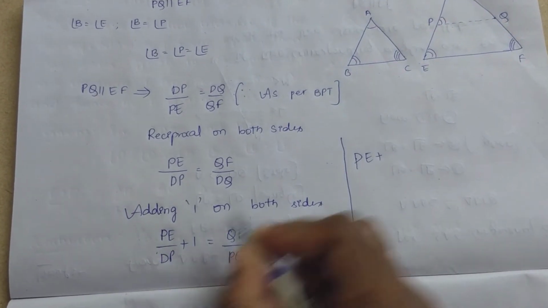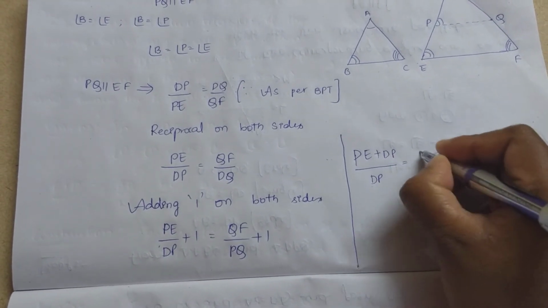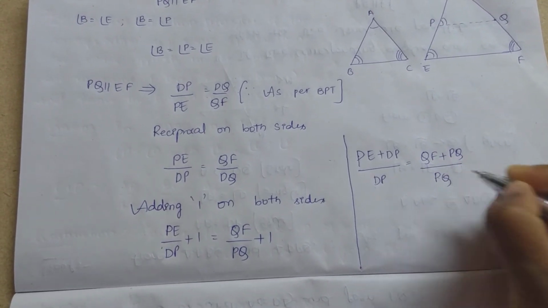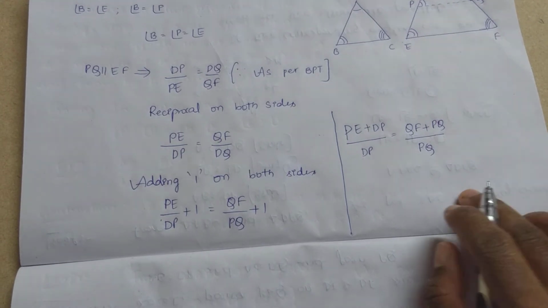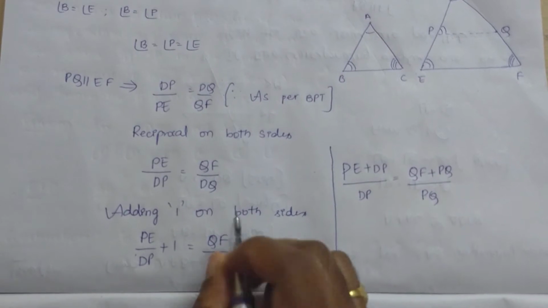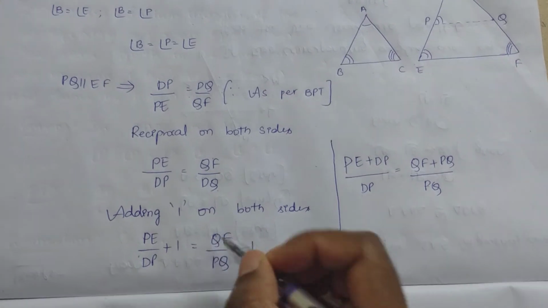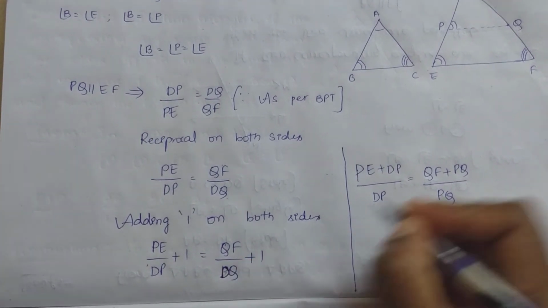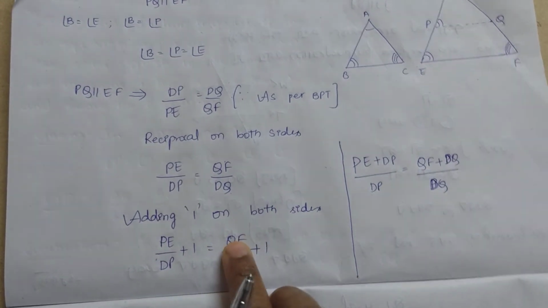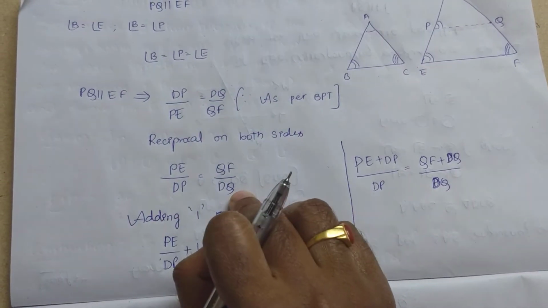PE plus DP by DP equals QF plus DQ by DQ. Sorry, it is QF by DQ, here it is not P, it is D. So I repeat again: PE by DP equals QF by DQ.